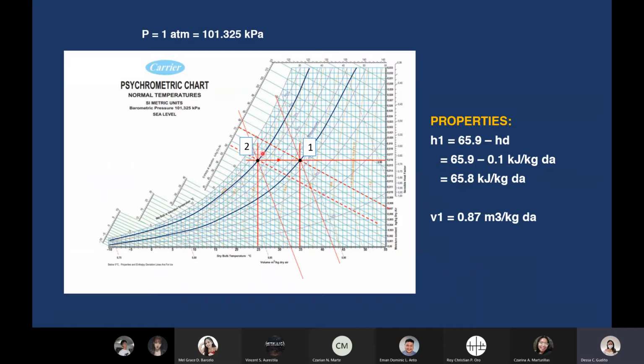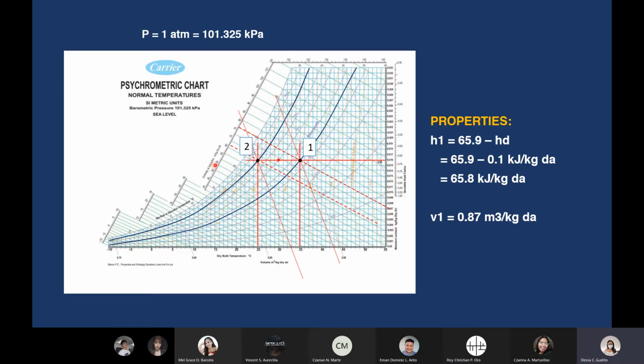And then since we have plotted the point, we can get the value of enthalpy, which is 65.9, estimated, and then our humidity term is around, it lands just at 0.1. So we subtract 65.9 minus 0.1. So our H1 is 65.8 kilojoule per kilogram dry air.